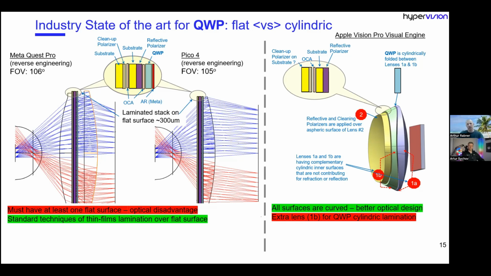From our simulations of ghosting images, there are more than a dozen types of ghosting images in pancake lenses, and it's very important for the manufacturer to make the technology of retarders, meaning quarter wave plates, polarizers, reflective polarizers, and in addition, anti-reflection coatings or half mirror coatings in such a way that every surface will work as intended, without undesired reflections and without undesired transmissions.